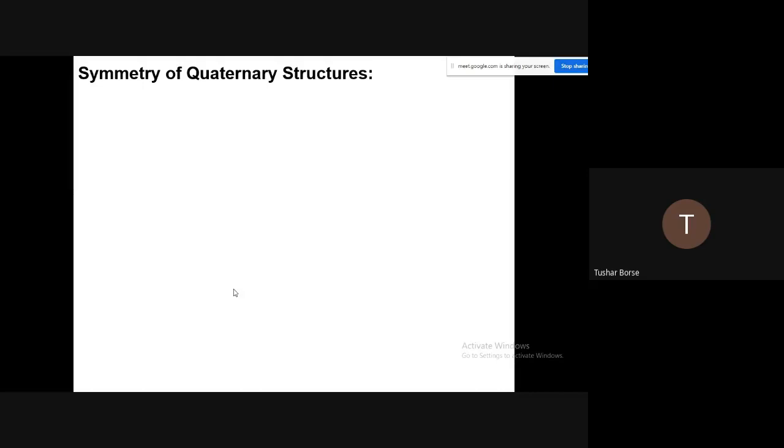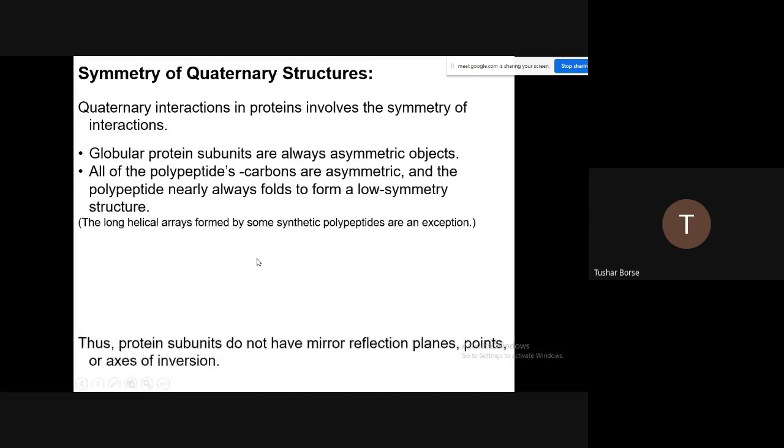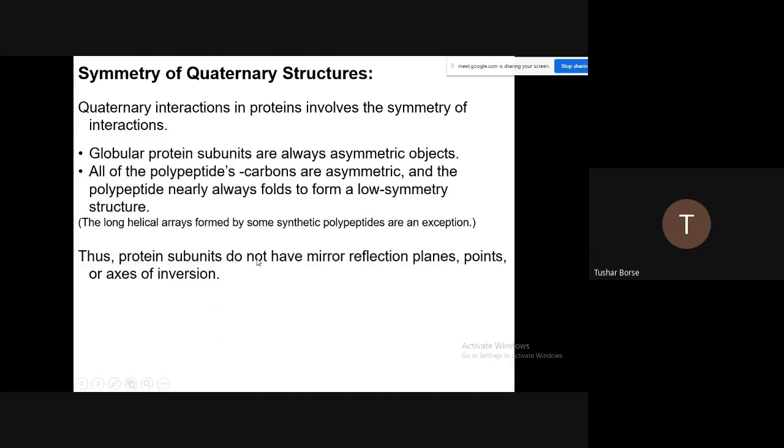When they were studying them, they found that the vertical or horizontal type of symmetry could not exist, but there is a symmetry which we call rotational symmetry, present in the quaternary structures of proteins. And a particular protein structure will always try to remain in a low symmetry structure, because that low symmetry structure is a stable structure. Why? Because the energy associated with that structure is very, very low.